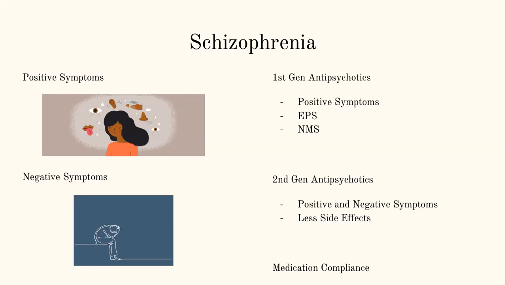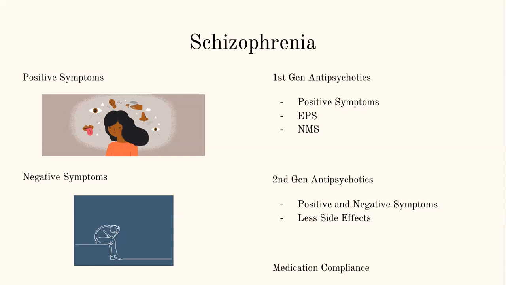Where positive is like addition. So it's in addition to what, I shouldn't say a normal, in addition to what someone without schizophrenia has. So it's seeing things that aren't there, it's hearing things that aren't there, it's having thoughts that aren't rooted in reality. So the different types of hallucinations focus on your senses. So you have auditory hallucinations, which are hearing voices.